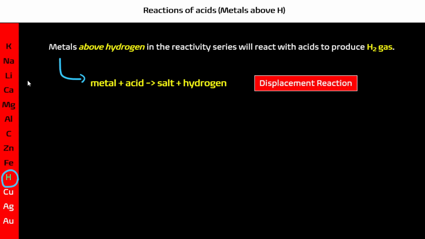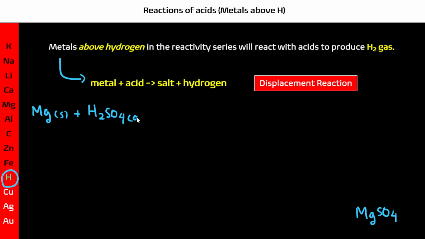For example, if we want to produce magnesium sulfate salt, MgSO4, the metal that we need to use is of course magnesium, which is a solid, and then acid. Since we want to produce sulfate, the acid would be sulfuric acid, H2SO4.